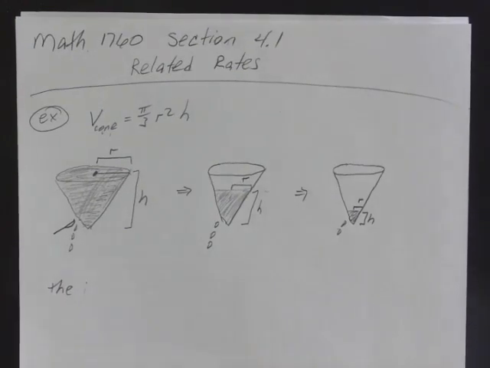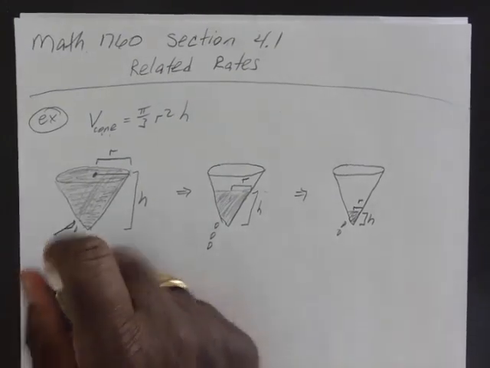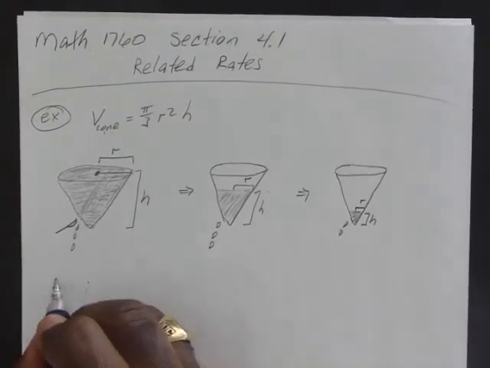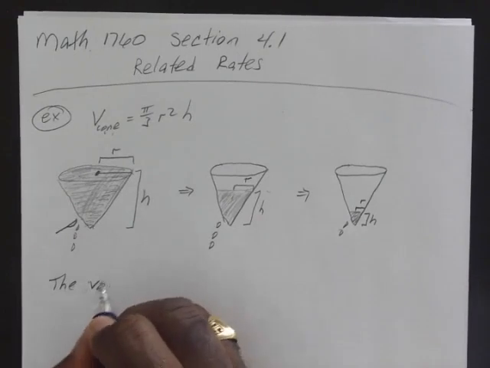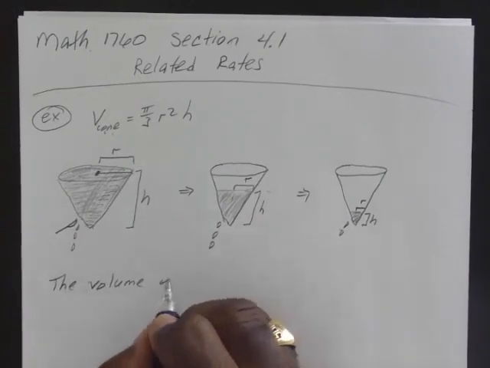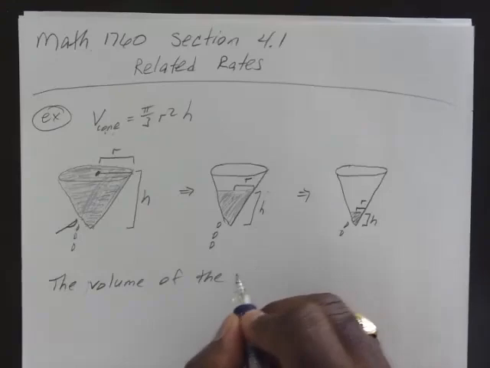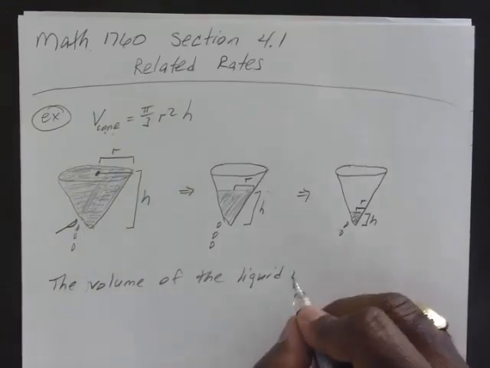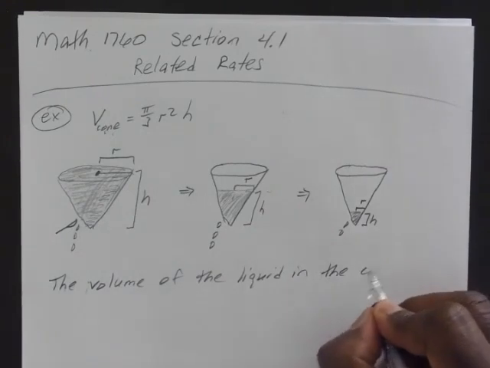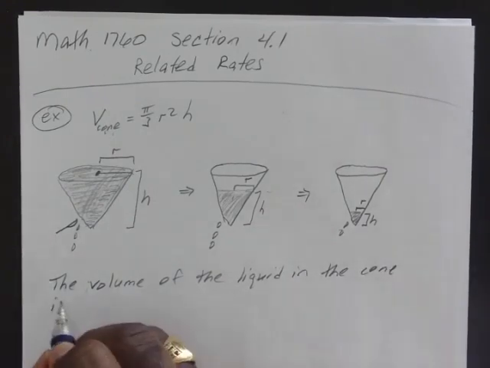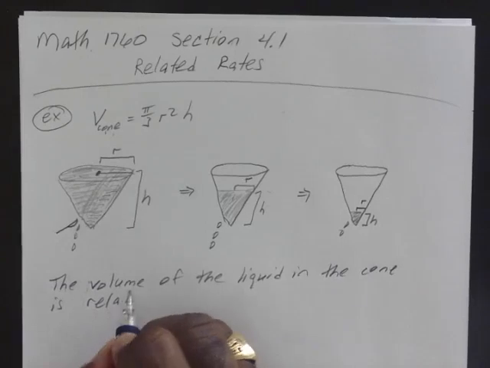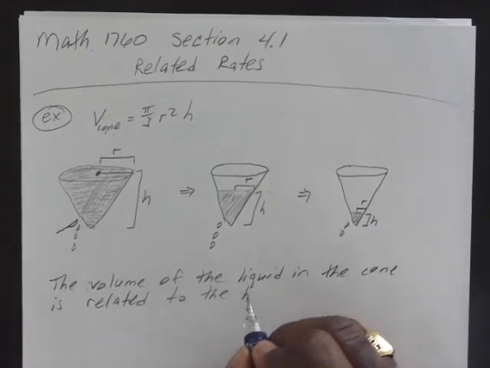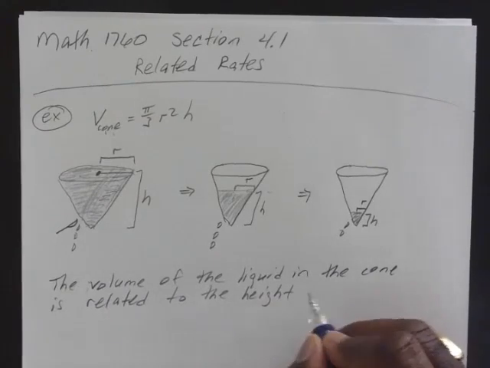To make that capitalized. So the volume of the liquid in the cone is related to the height and the radius.